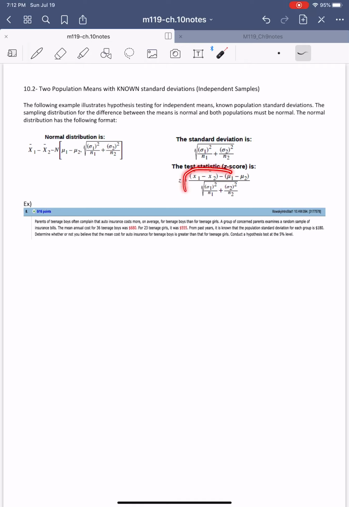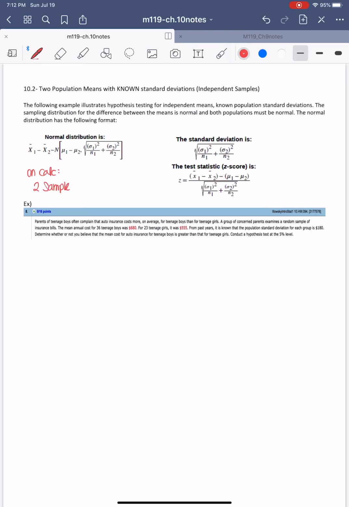Again, the formula is messy, but we are not going to be using the formula. We'll use a calculator and it will give you the z-score and also the p-value. The name for the calculator function is very similar to what we did. It's a z-test, but instead of the regular z-test, you're going to use the two-sample z-test.